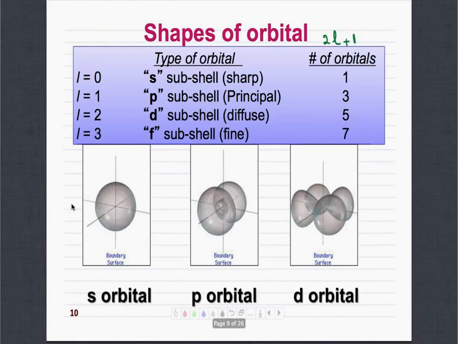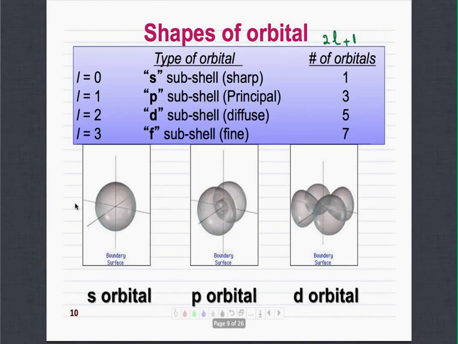So this is the S subshell. It looks like a sphere, and this sphere is where there is the highest probability of finding an electron in an S. If the electron is in an S subshell, it's going to be somewhere within this sphere.